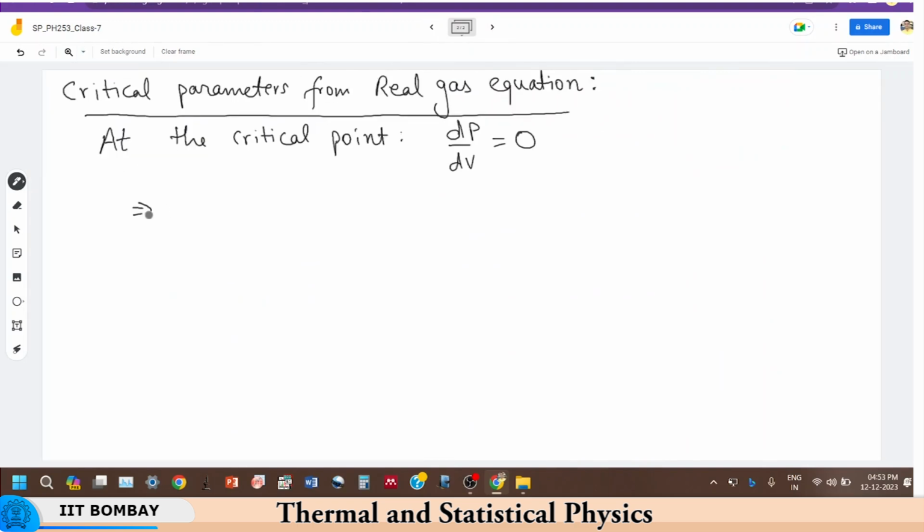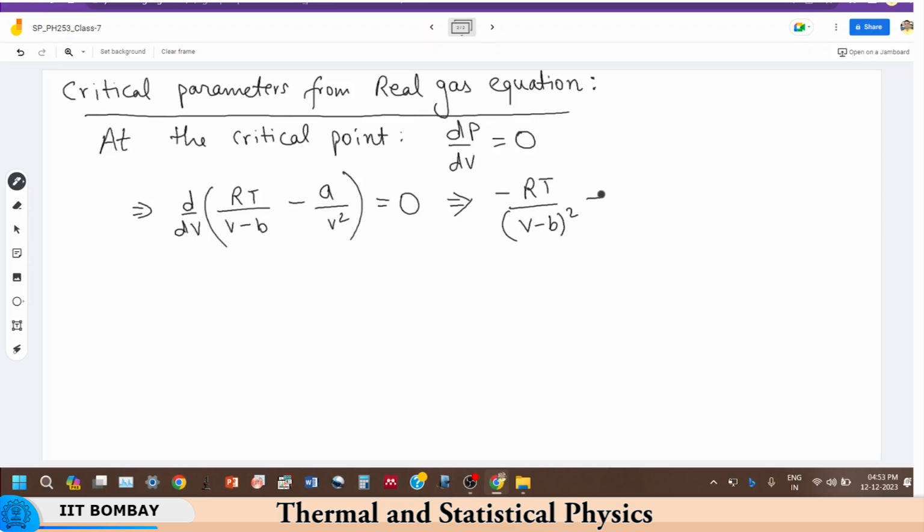So this implies we can write d by dV of RT divided by V minus B minus A by V squared, and that we will basically just equate to 0, right? And if we do this little bit of algebra, you can see we get minus RT divided by (V minus B) whole squared plus 2A by V cubed, that is equal to 0.